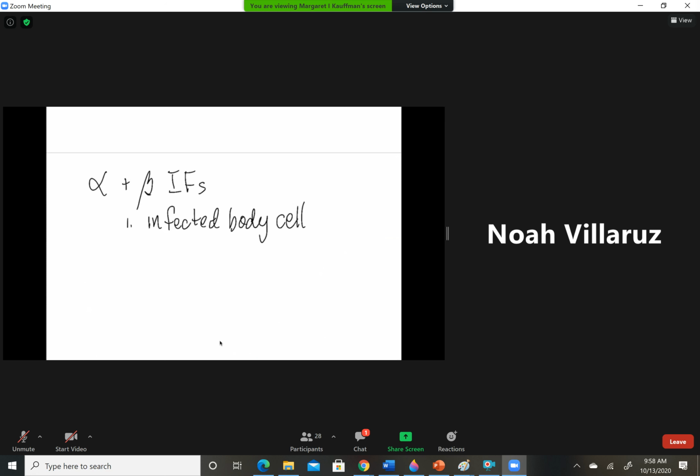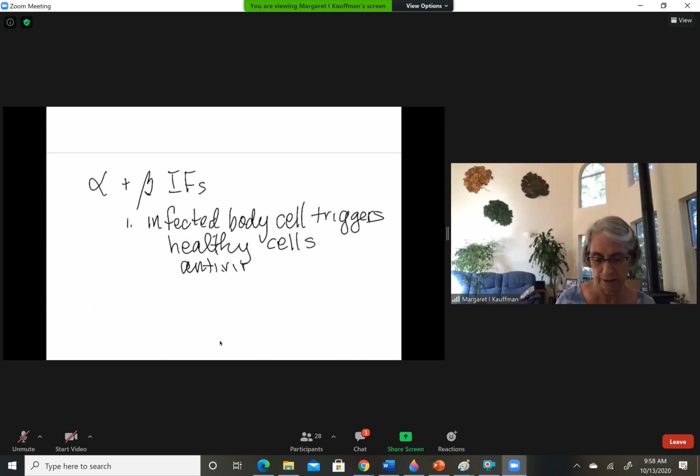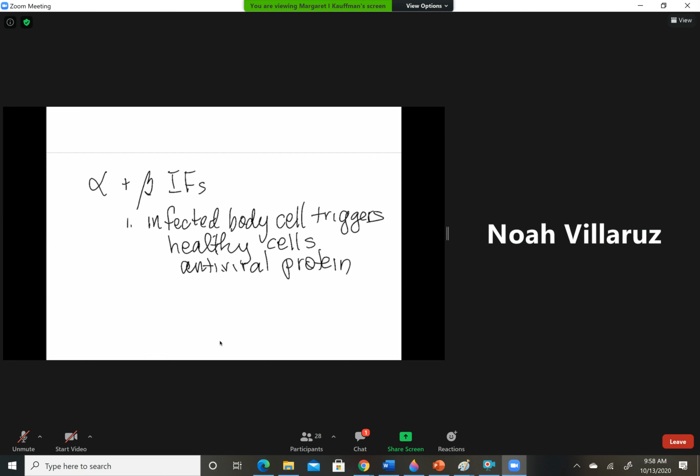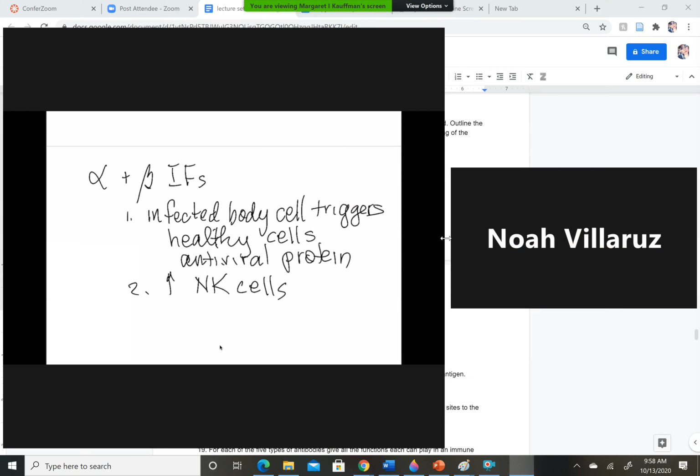And it also signals the activity of natural killer cells to kill the infected cells. Great. All right. And then the gammas will increase activity of macrophages and aid in T cell differentiation.